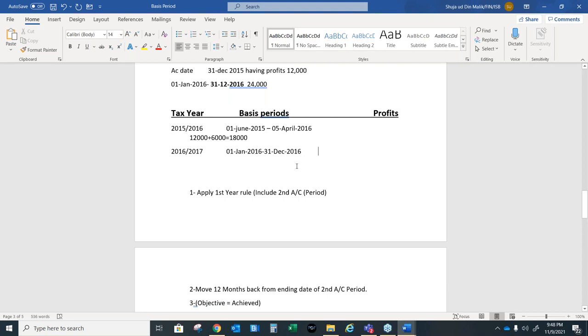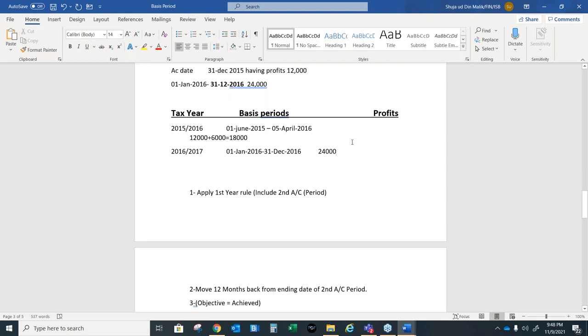Now it comes to the overlap profits. Per month profit was 2,000. Here we have replicated the same, so 24,000 will be the profits here. What will be the overlap profits here? We have moved till 5th April 2016, and when we went back to January 16, February 16, and March 16, these are taxed again in 2016 and 2017.